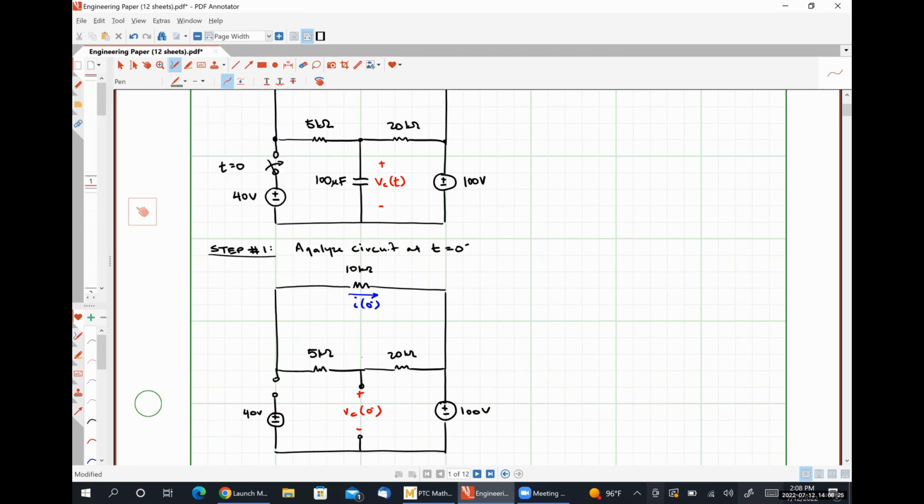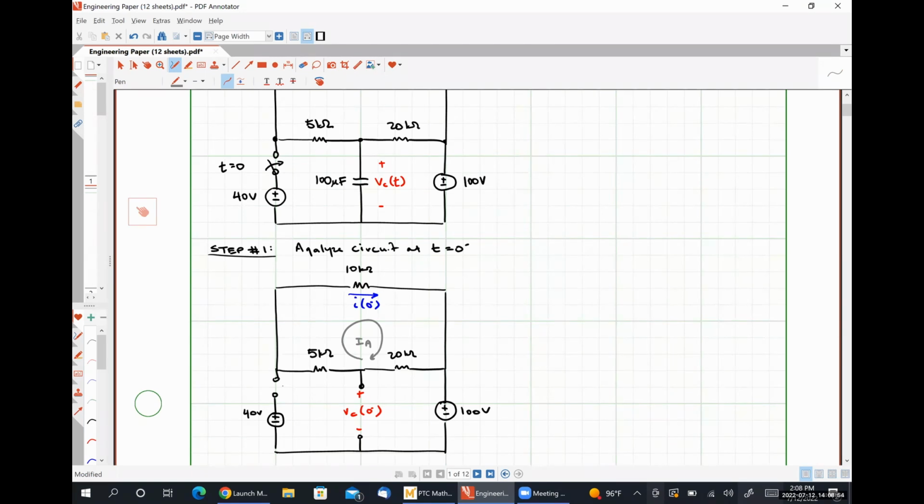here, we'll have this mesh current, which we can call IA, and that's actually it. There are no other mesh currents because down here at the bottom, we have an open circuit from our capacitor in the middle, and we also have an open circuit on the left from our switch being open.